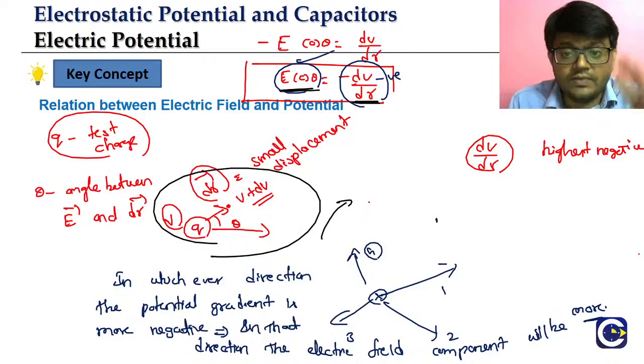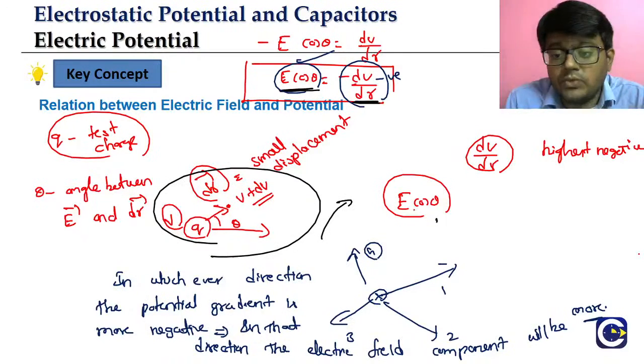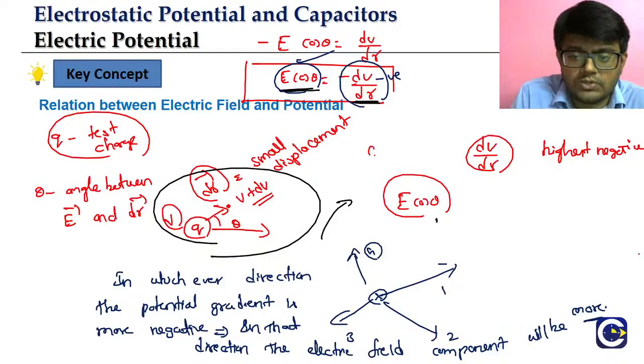Now look at E cos theta. What is the maximum value of E cos theta? When cos theta is equal to 1, which means theta is equal to 0.